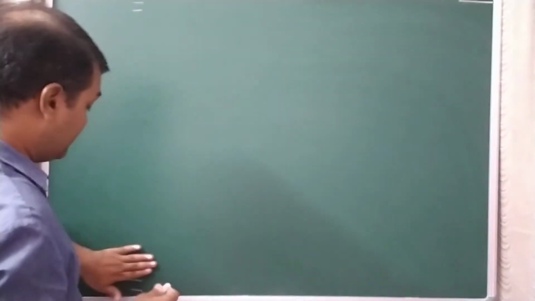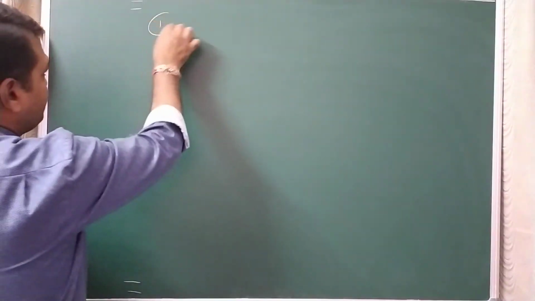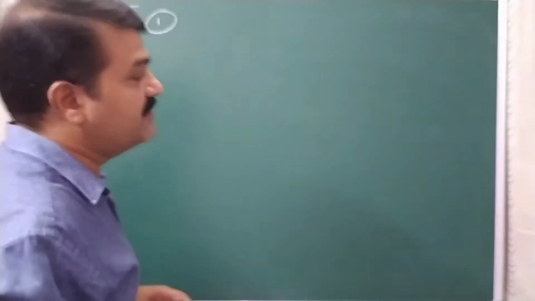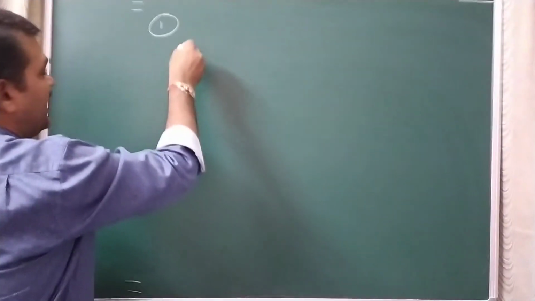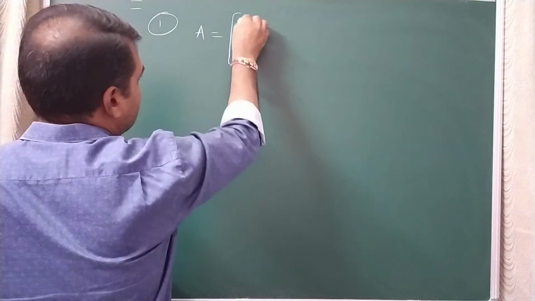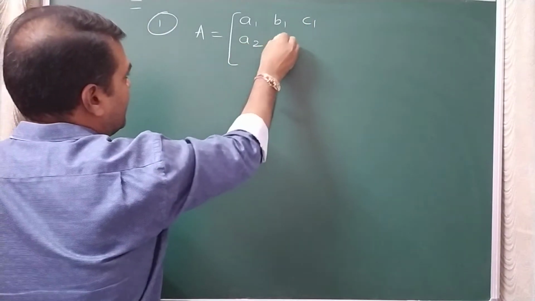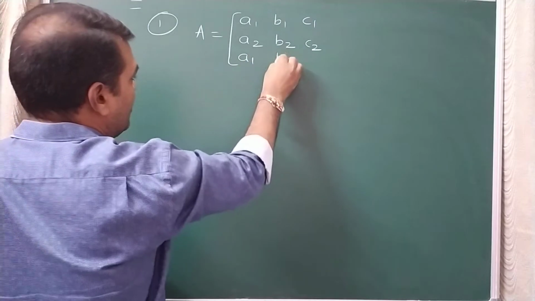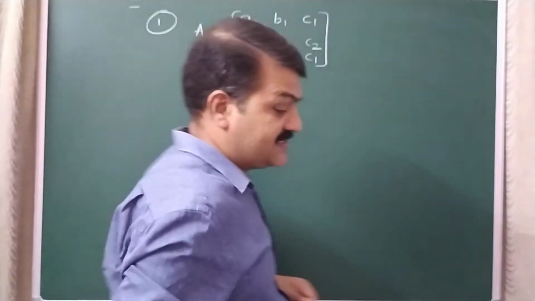The first determinant property that we are going to discuss today is, if you have a matrix in which any two rows are identical or any two columns are identical, like this.